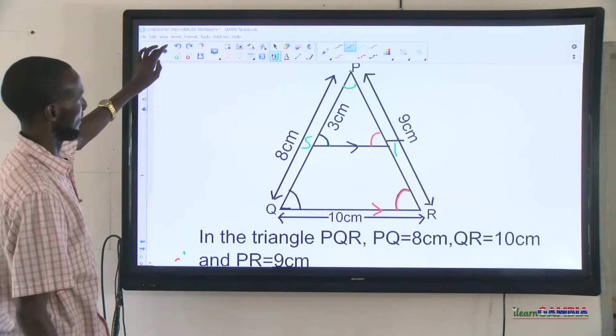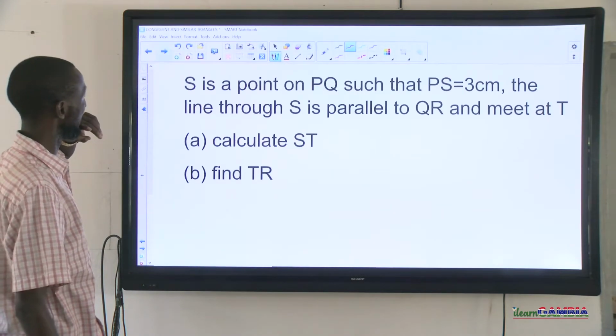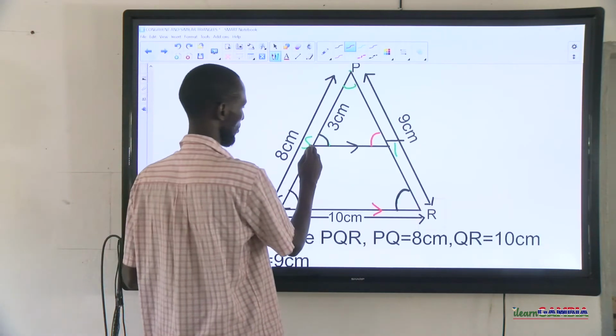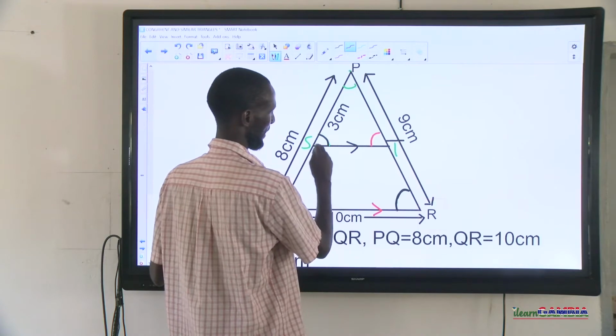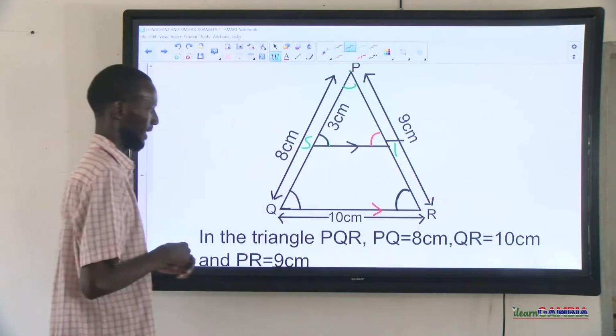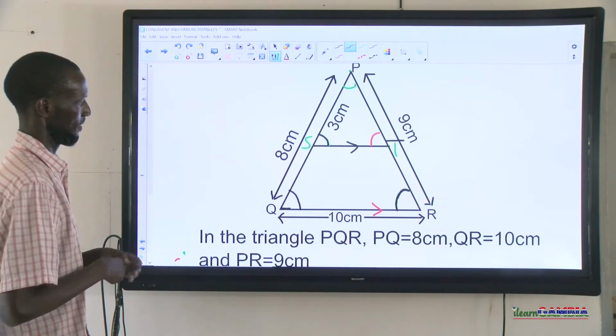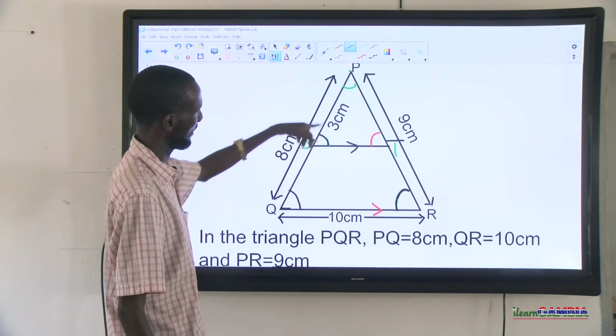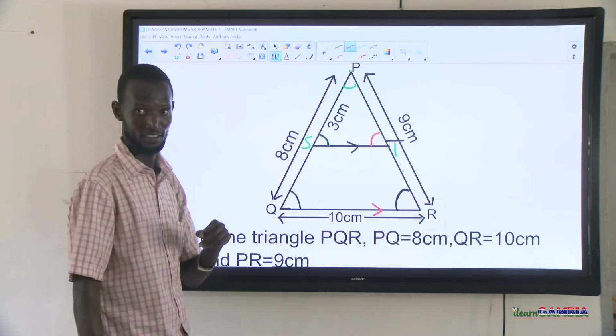What are we asked to find? We are asked to find ST. Now ST belongs to the smaller triangle. ST is not known, but on the same smaller triangle, PS is known as 3 centimeters.